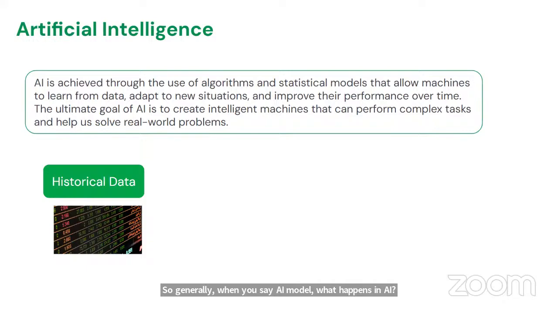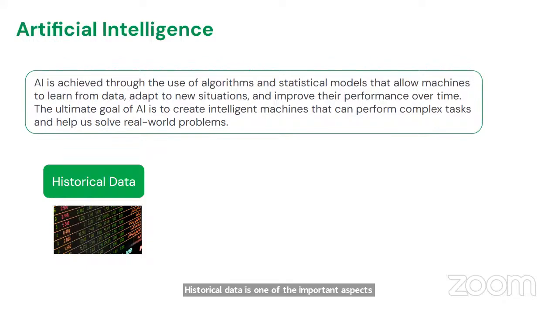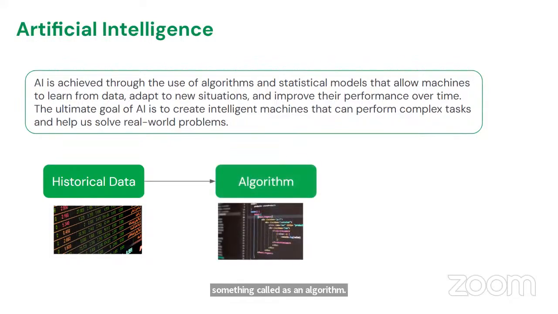Historical data is one of the important aspects in any kind of AI building process. You should have data. That historical data, you feed it to something called an algorithm.